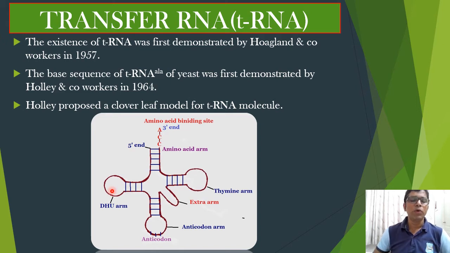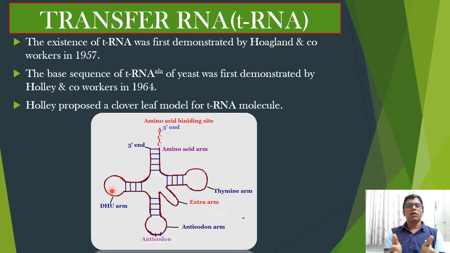The DHU loop has a site for the recognition of an enzyme, aminoacyl synthetase. Hence, this arm is also known as the enzyme recognition arm.